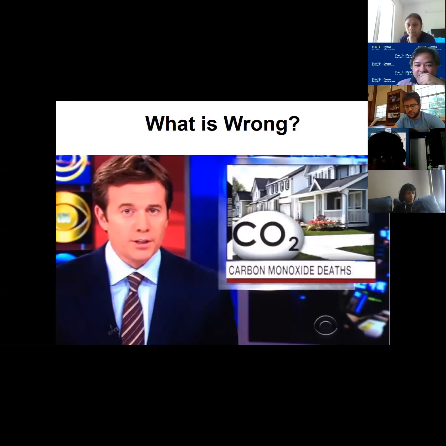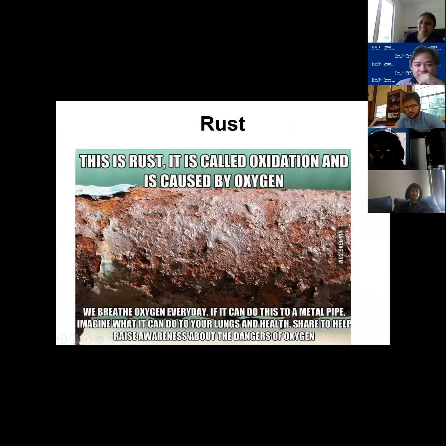Okay, and then this one in the news. So carbon monoxide death. What's the problem with that one? If it's carbon monoxide, it should be like this one. And then this one, rust. It is caused by oxidation, by oxygen.